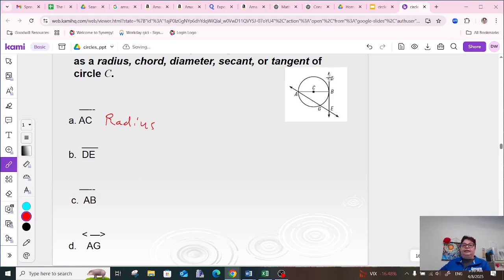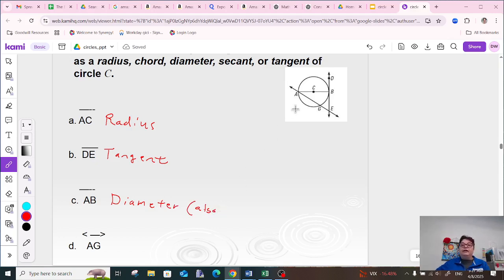DE. DE is right here, and that is called a tangent. AB. What could I call AB? Diameter. I could also call it one other thing. What else could I call it? Not a secant.